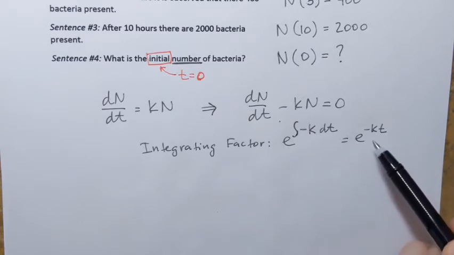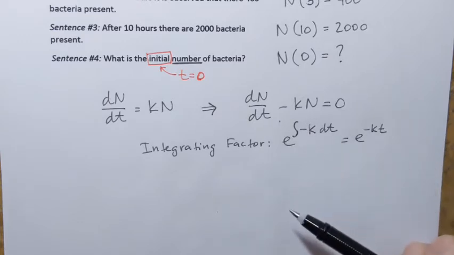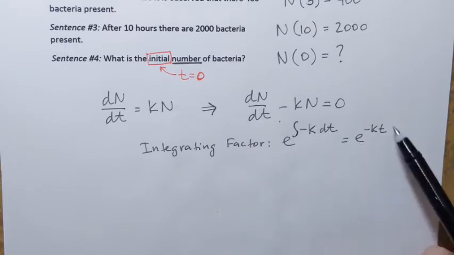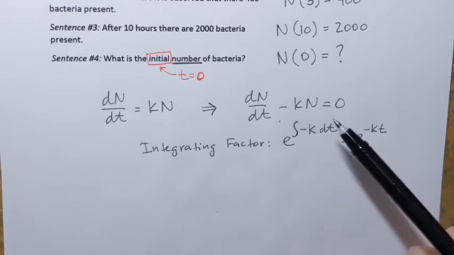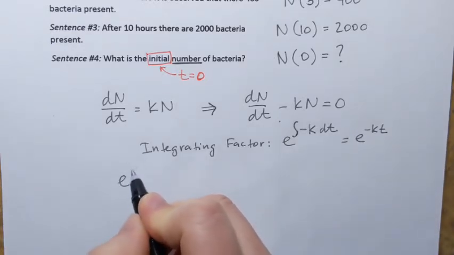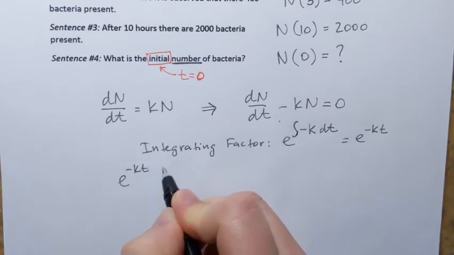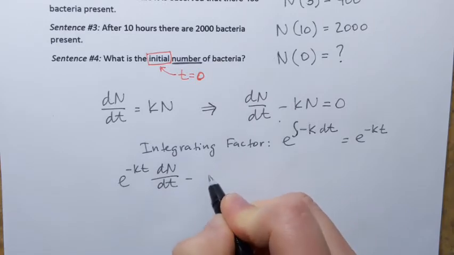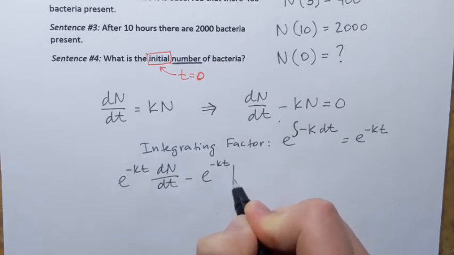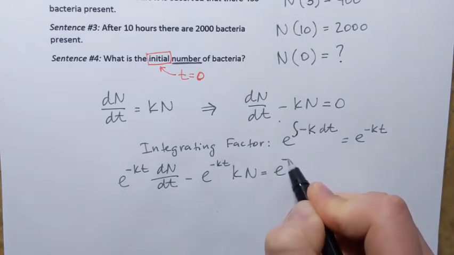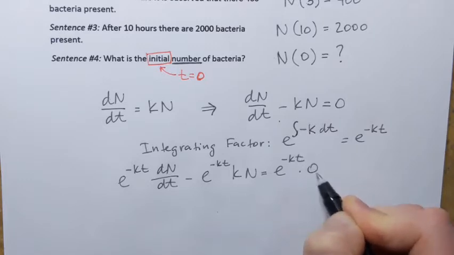Okay, well, next step in solving linear differential equation is to take integrating factor and multiply it by every term of the equation. So it's e to the power negative kt times dn/dt, minus e to the power negative kt times kn, and then on the right-hand side it's e to the power negative kt times 0.